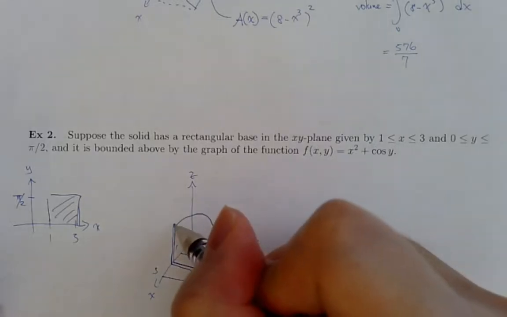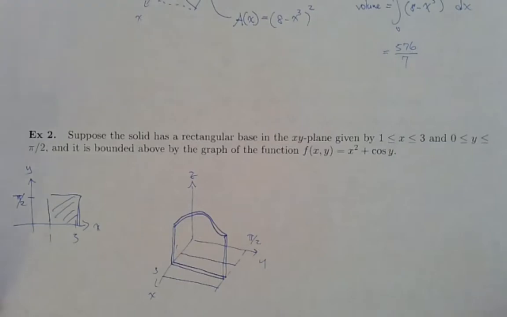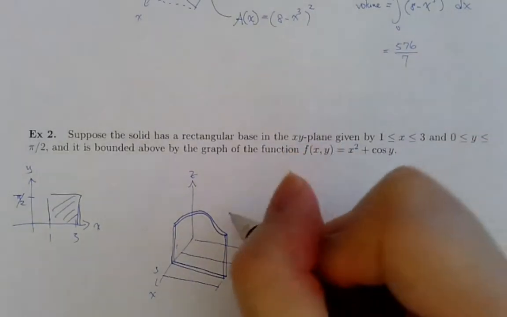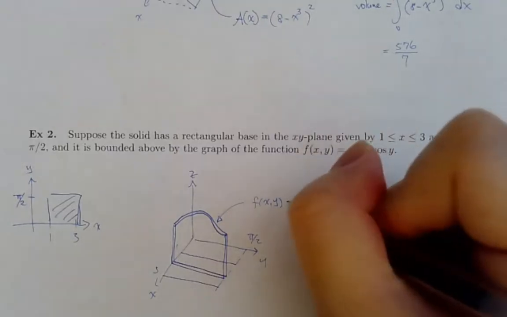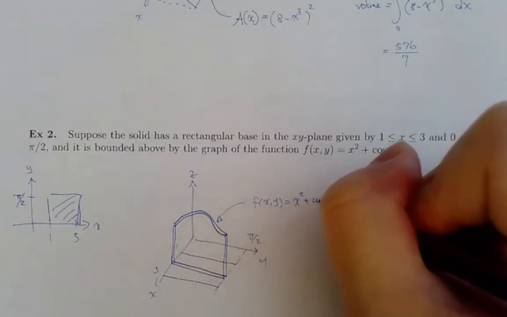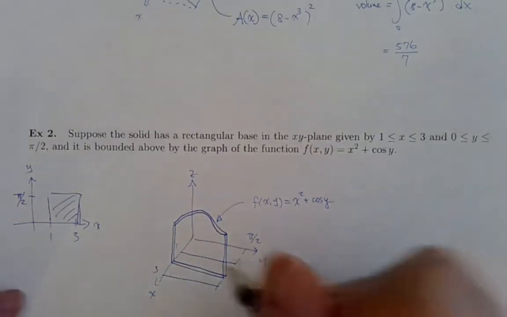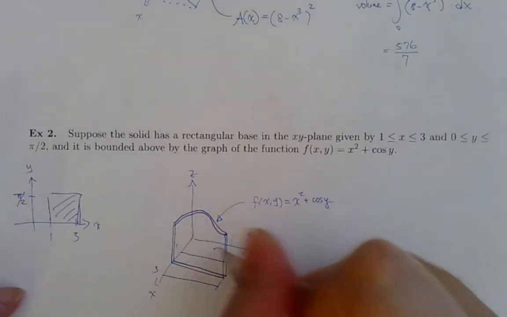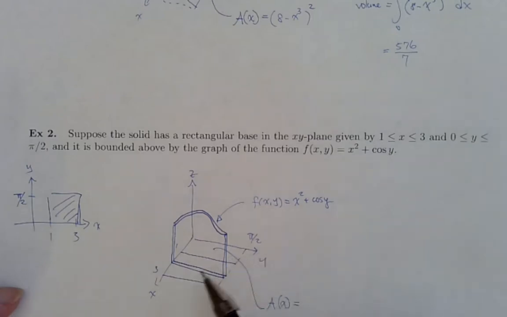This is probably the wrong drawing, but whatever. So that's the top. The top is f of x, y equals x squared plus cosine y. That's the top.